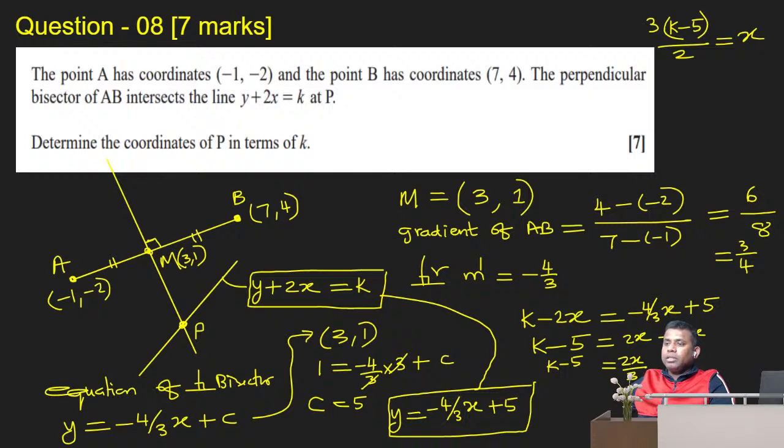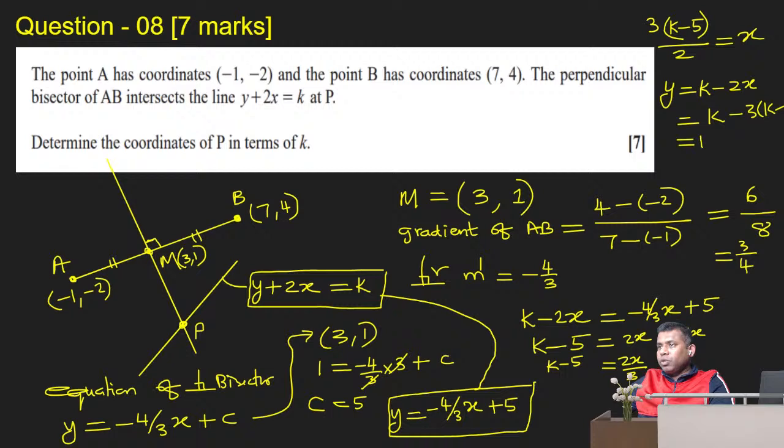And the y coordinate, you can substitute that one. So y equals k minus 2x, so k minus (3k minus 15).